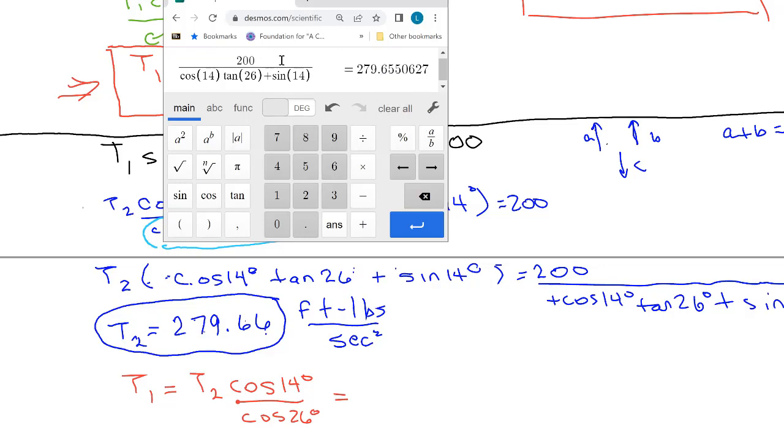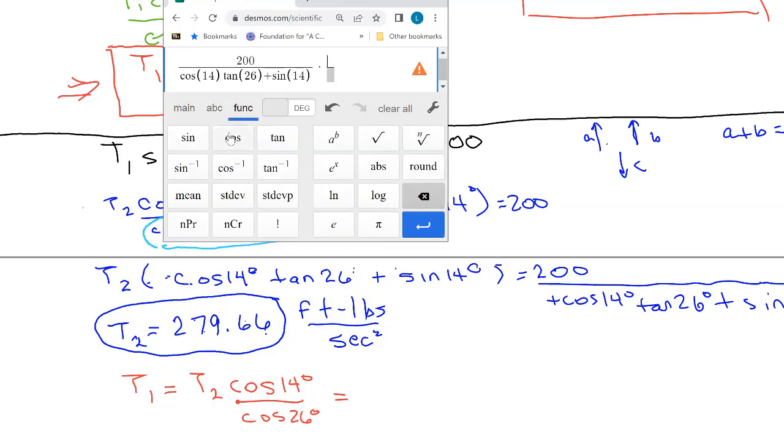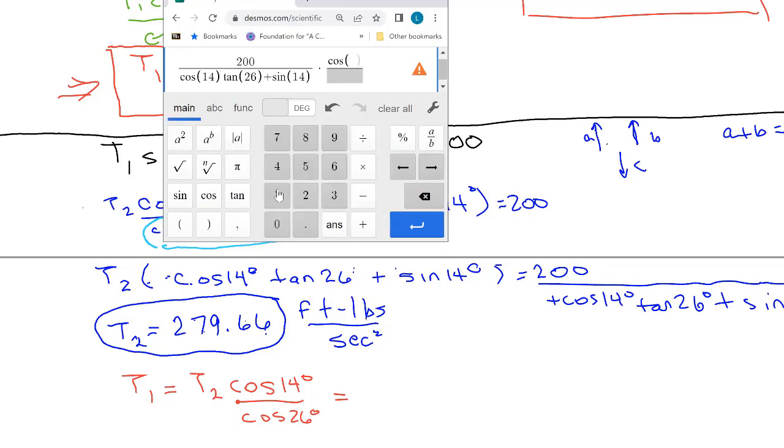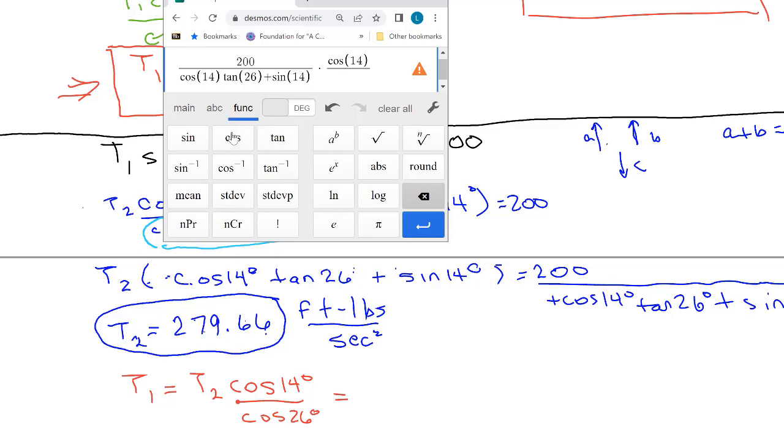T2 is that. So I'm going to multiply this whole thing. I'm just going to keep that there because that is T2 times cosine of 14 degrees divided by cosine of 26 degrees.